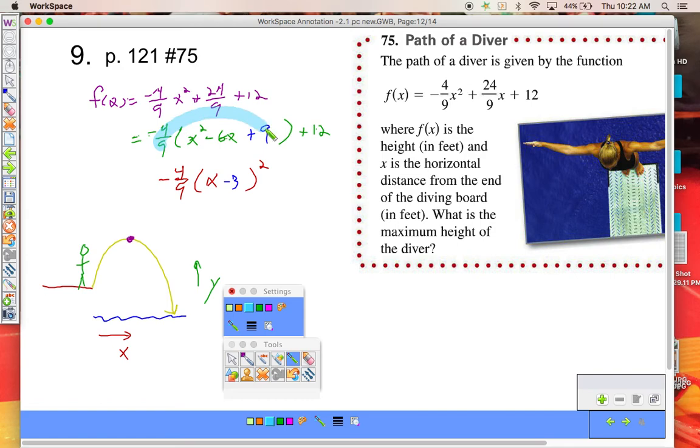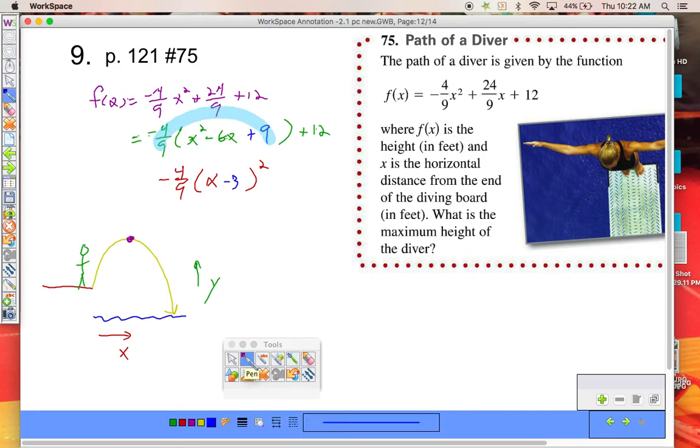When I distribute, a negative 4/9 times 9, it's just going to be a negative 4. So I bring it back by adding 4, and I get plus 16. So that means the vertex of this parabola, of the arc that he's graphing, is 3, 16.